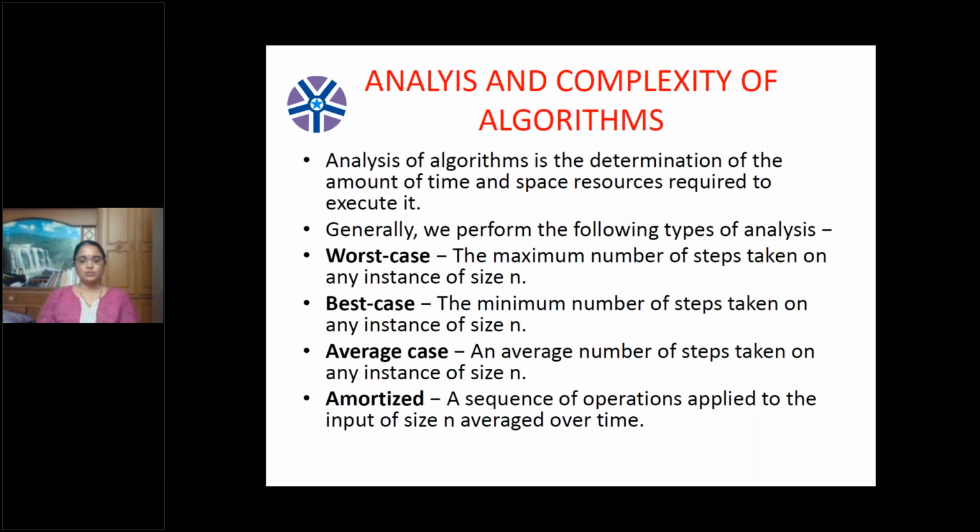So listen, worst case means the maximum number of steps. I can give an example. Suppose you want to run an algorithm, linear search. Linear search means you need to find a pivot element, whether it is there in the list or not. Suppose the list contains even numbers till 20: 2, 4, 6, 8, up to 20.